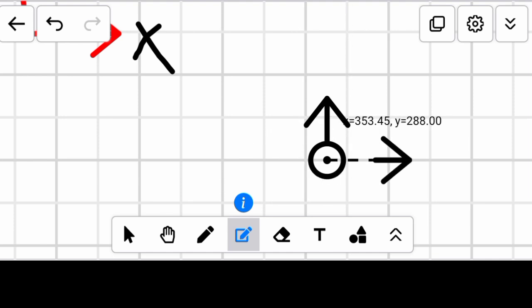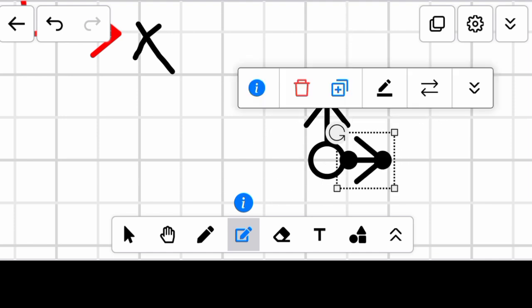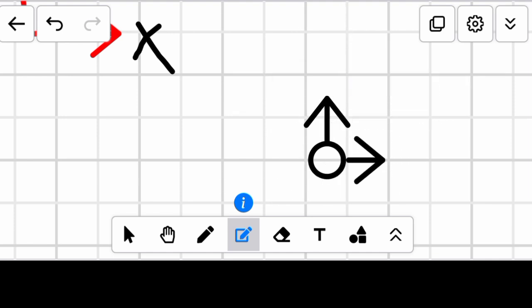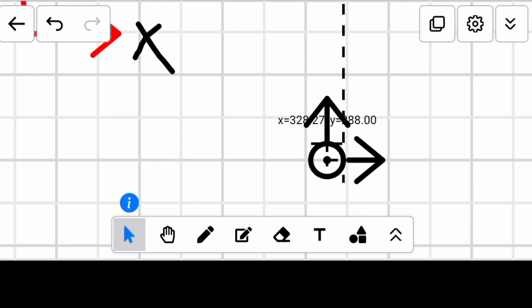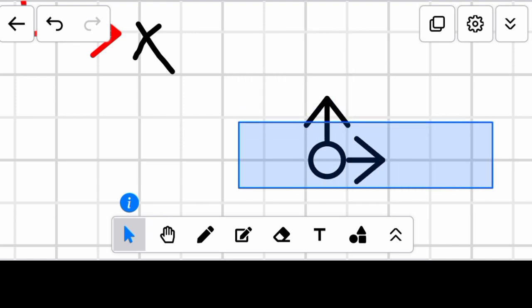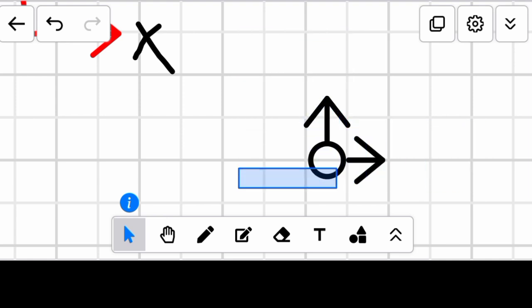The forward movement is like this. So we assume it is moving upward, and then forward, upward and forward.